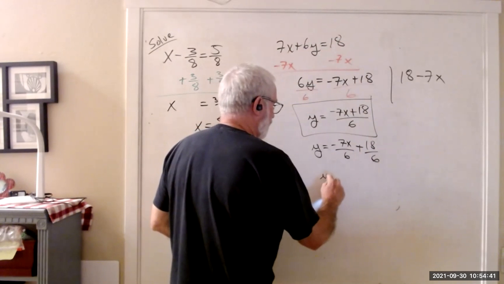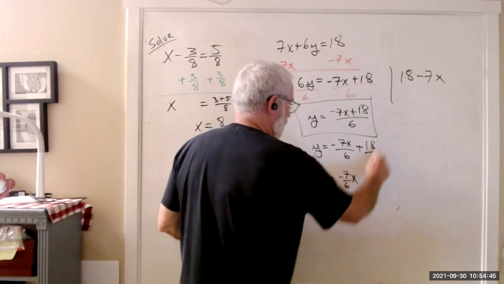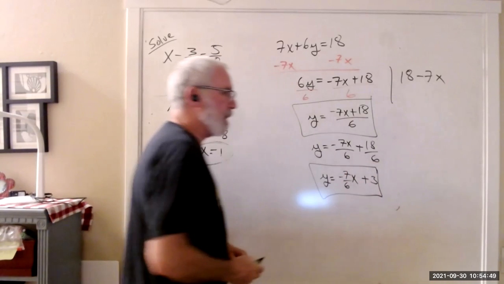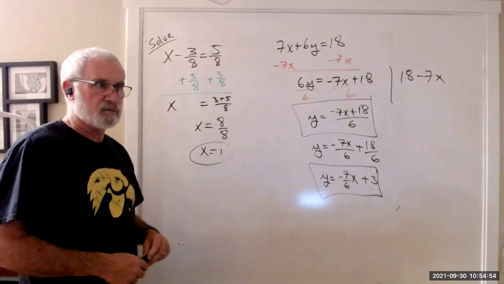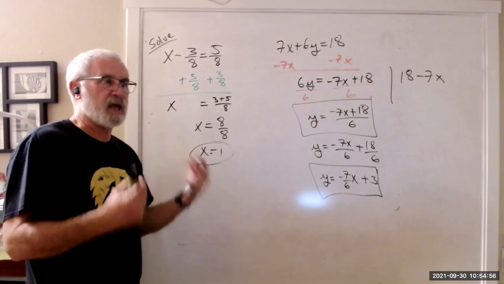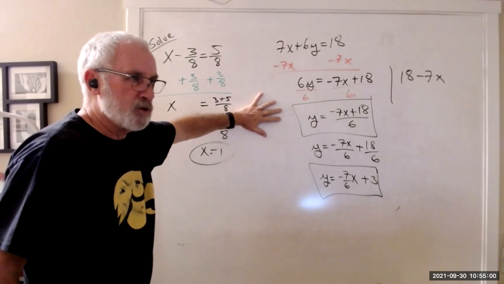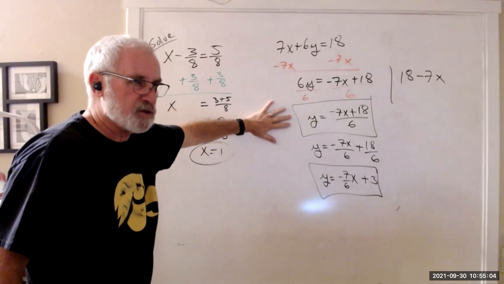So this would simplify into y equals negative 7/6 x plus 3. These two answers that I boxed are exactly the same as each other. And again, based upon the directions you read to me, you would get full credit for this answer.